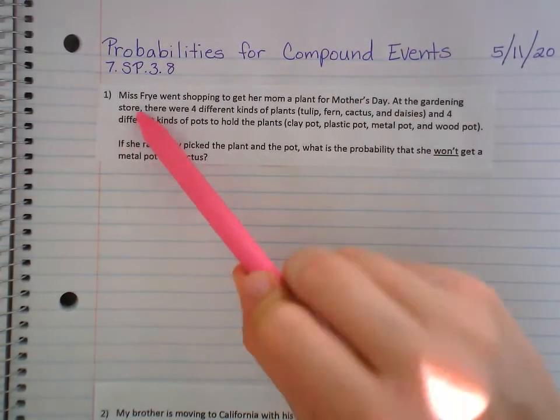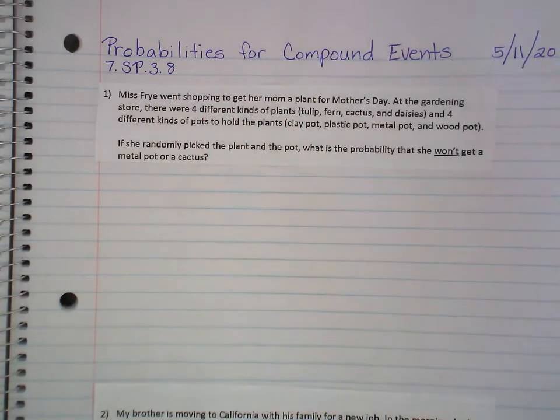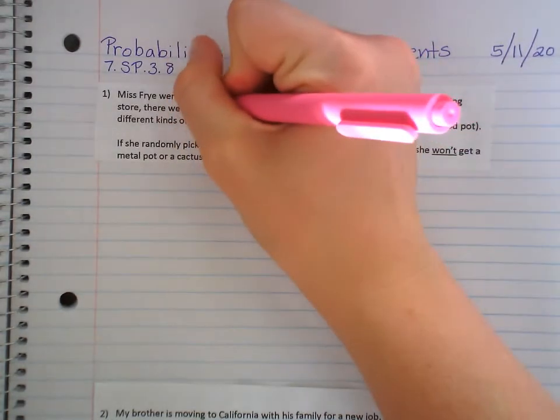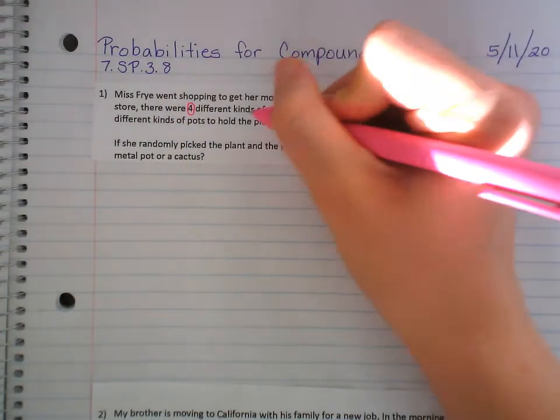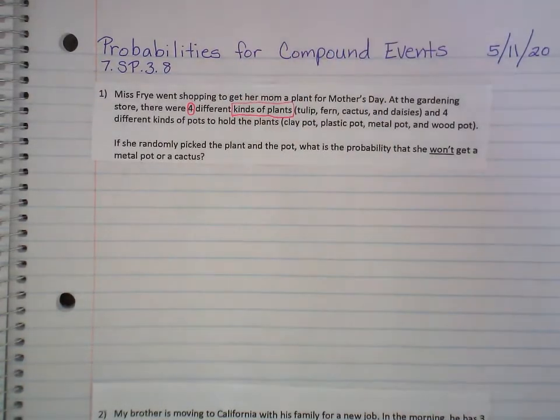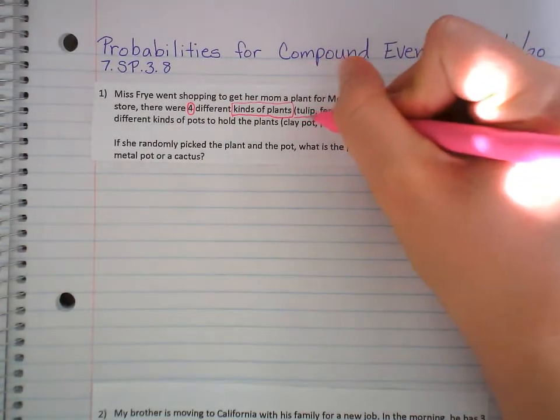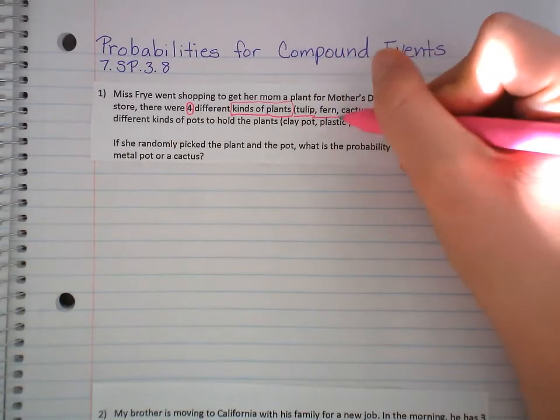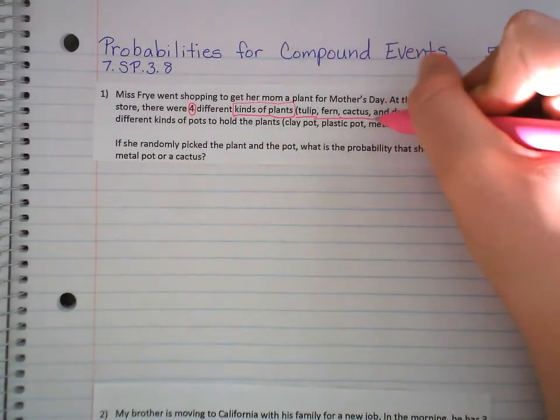All right, Miss Fry went shopping to get her mom a plant for Mother's Day. At the gardening store, there were 4 different kinds of plants. So we have 4 different kinds of plants. We got tulips, ferns, cacti, and daisies.